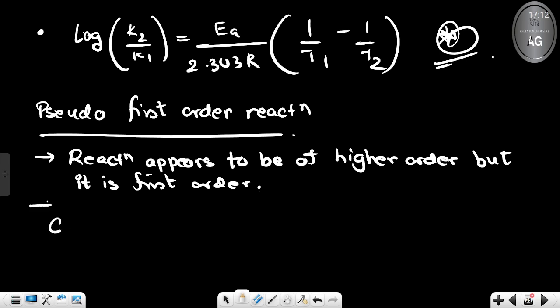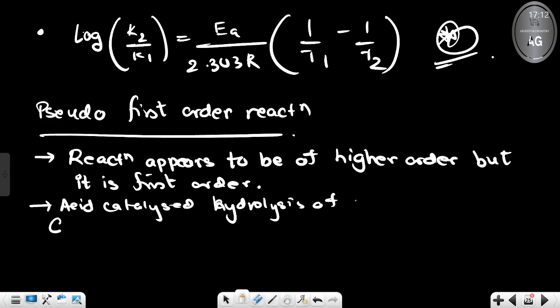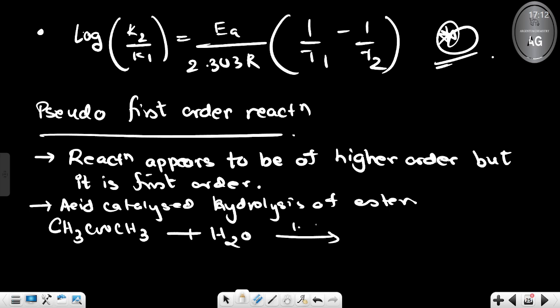One example, you have to read acid catalyst hydrolysis of ester. In organic chemistry also you are reading this. Acid catalyst hydrolysis of ester. So CH3COOCH3 plus water in presence of some acid forms CH3COOH plus CH3OH, right?